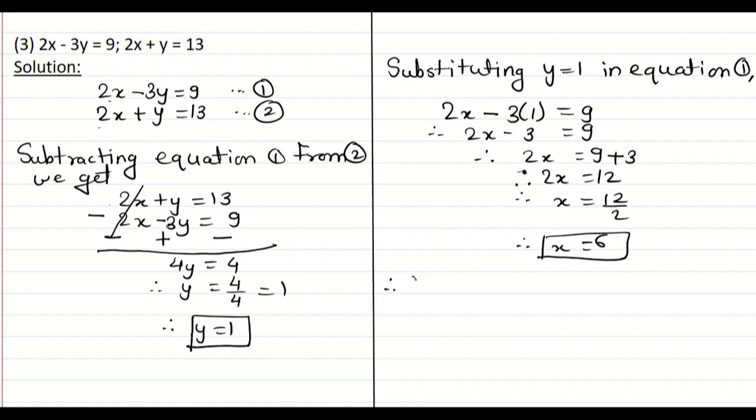So your solution is (x, y) equals (6, 1). Now try it with the other method and check whether you are getting the same solution or not. It is not compulsory to go with both methods. I just want you to check whether you are using the method correctly or not.